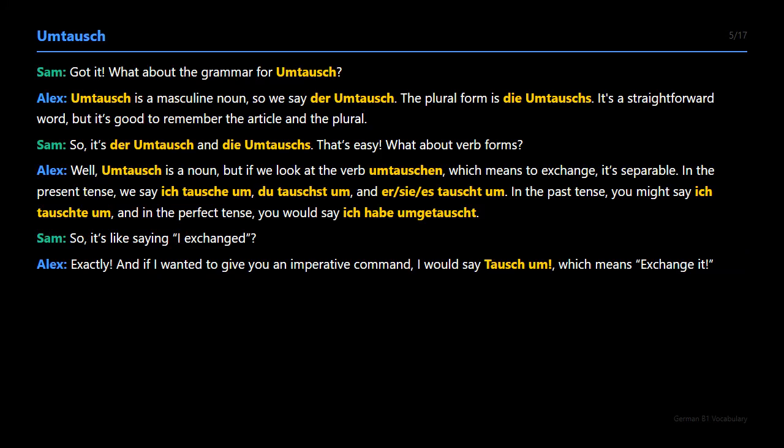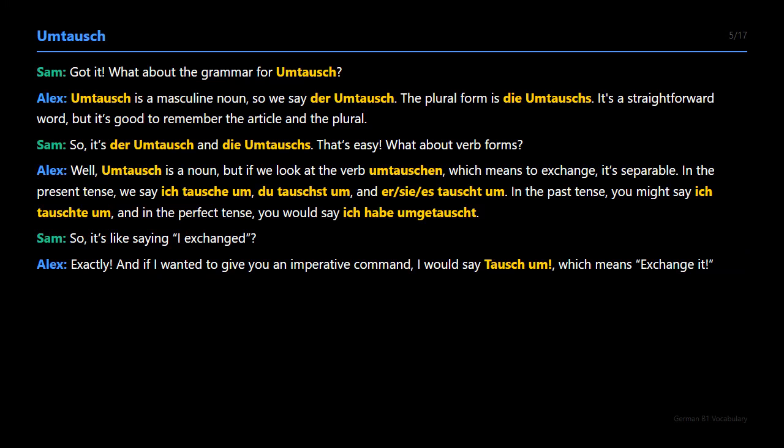Well, Umtausch is a noun, but if we look at the verb, Umtauschen, which means to exchange, it's separable. In the present tense, we say Ich tausche, Du tauschst, and Sie, es tauscht.